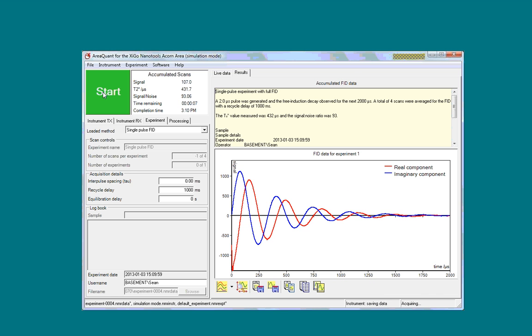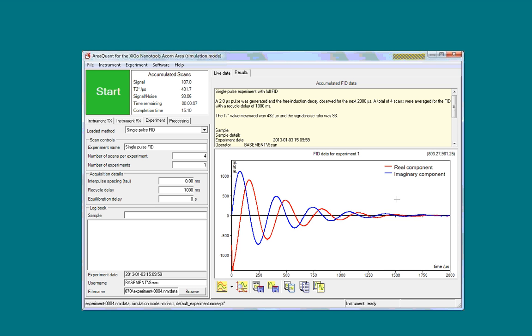In this experiment, a single pulse FID is applied at the resonant frequency that the instrument believes is the correct frequency. And you see here a decaying sinusoidal exponential. You see that there's a real and imaginary component associated with these waves.